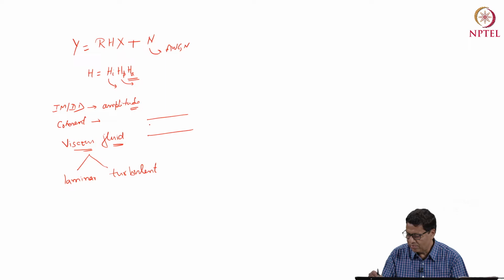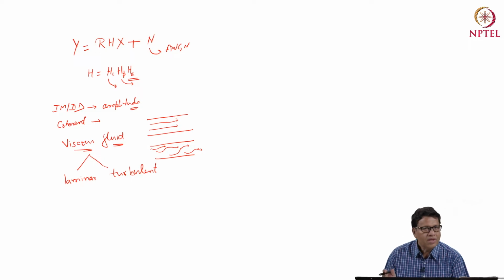The laminar flow is something like this, and turbulent is some random flow of the air. And how the transition is done from laminar to turbulent flow is defined by a dimensionless quantity which is called Reynolds number, Re.